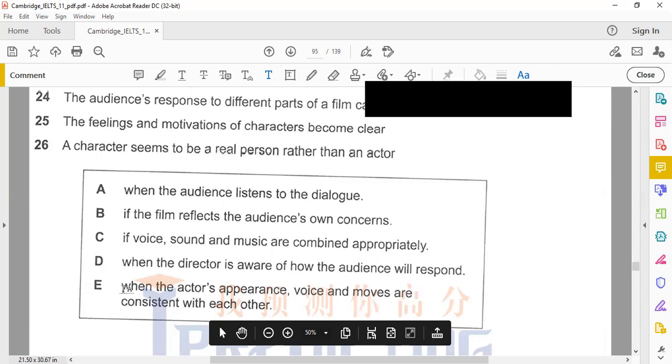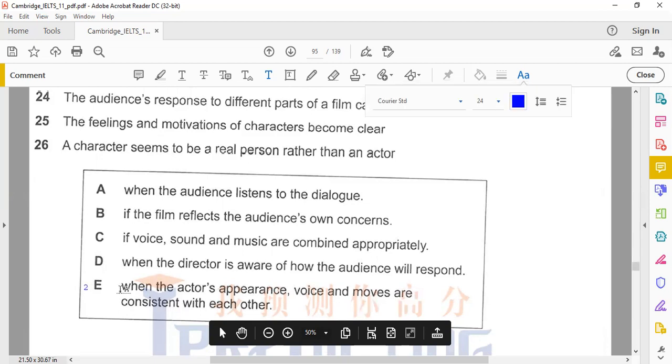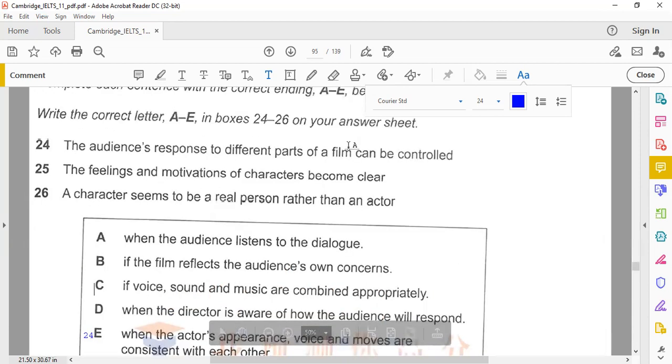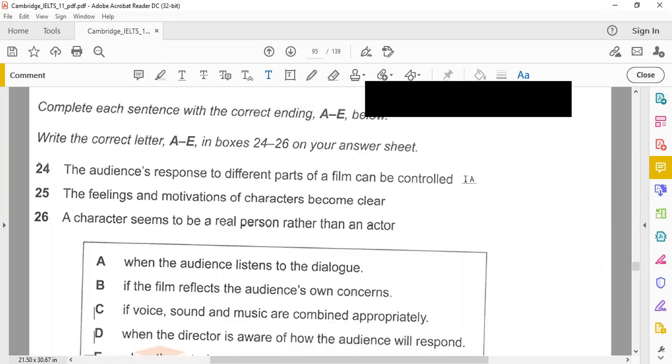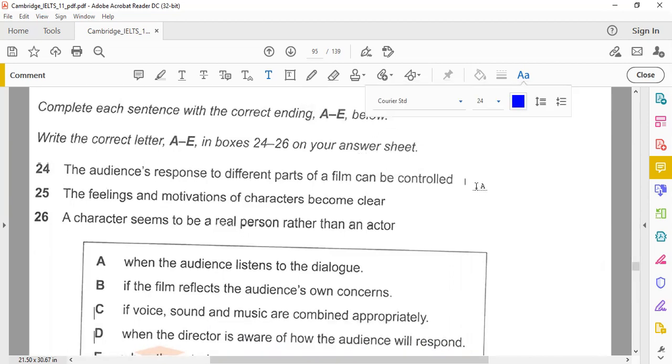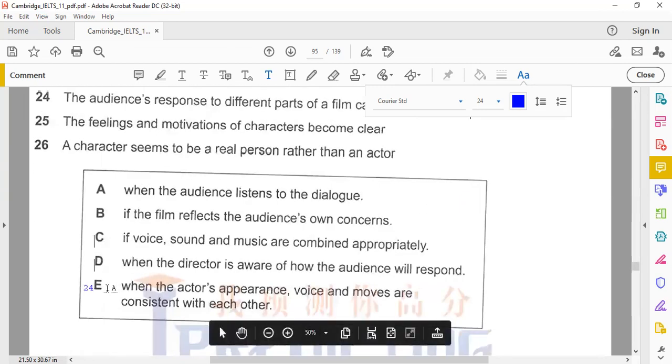So, to my judgment, it is E. And you can write E here as well. 24, E.